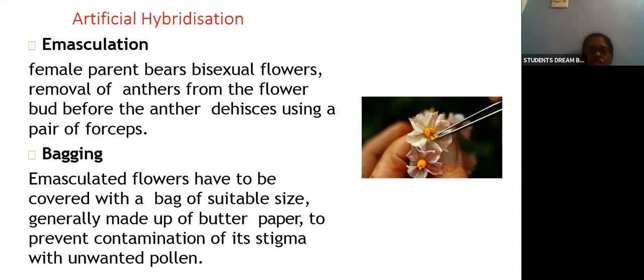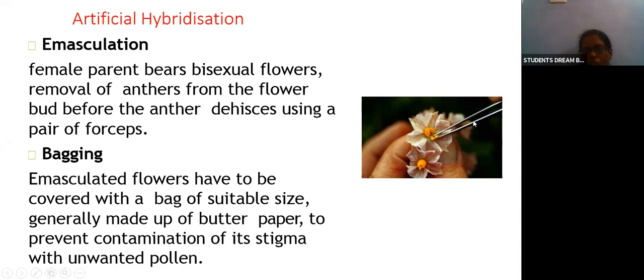Artificially, we humans manipulate this inbreeding. First is a procedure called emasculation. The female parent will bear the bisexual flower. From that bisexual flower we remove the anther from the flower bud before the anther dehisces, using a pair of forceps.